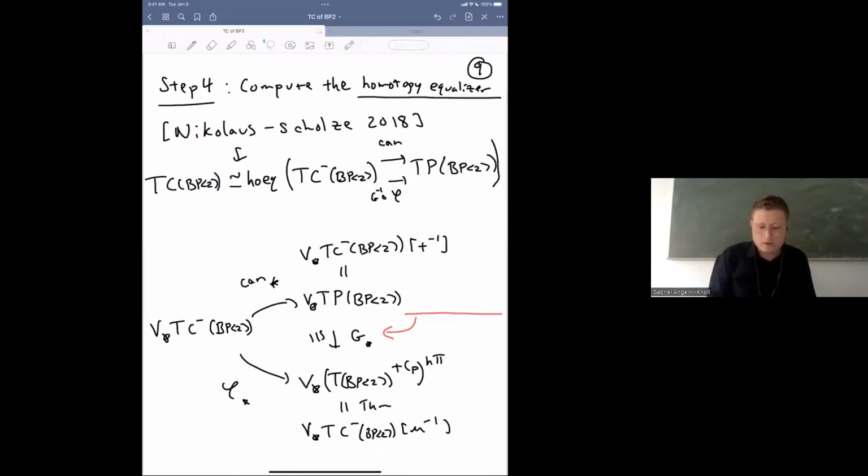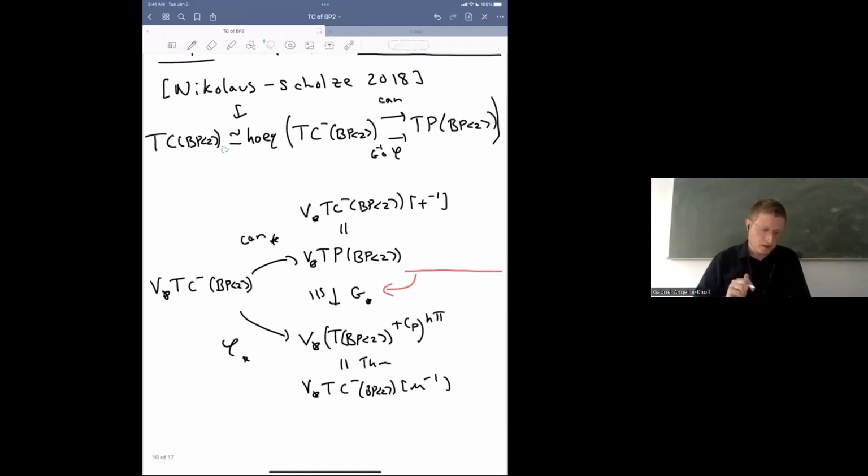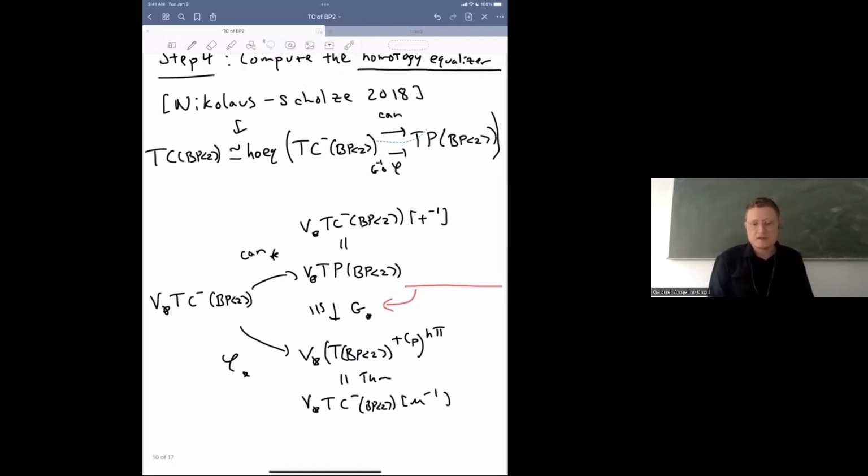So in particular for BP⟨2⟩, because BP⟨2⟩ is connective. I'm also suppressing some p-completions here, but we want to compute these two maps, and then that allows us to compute TC.